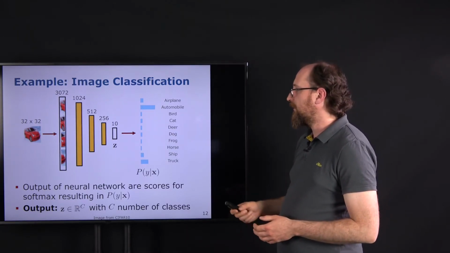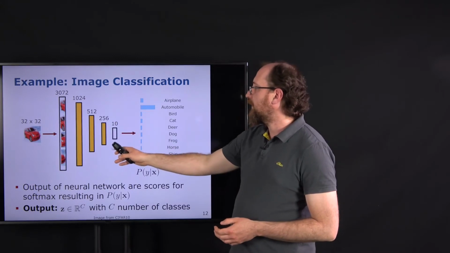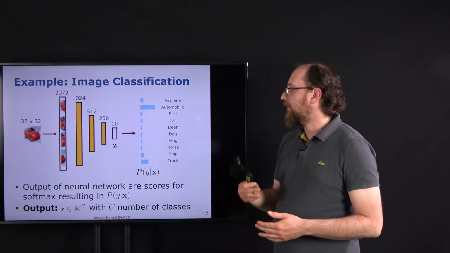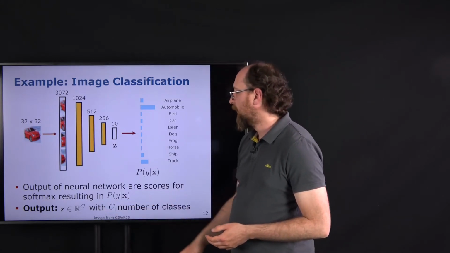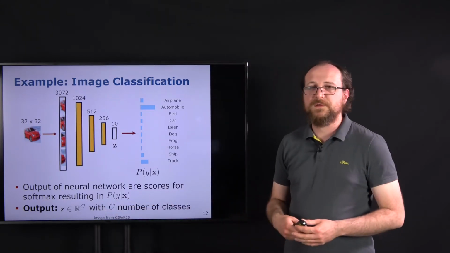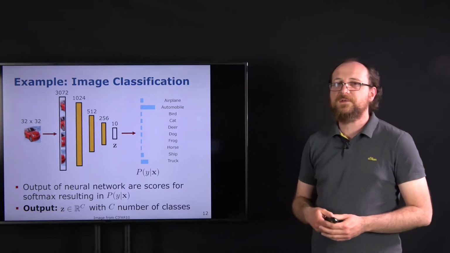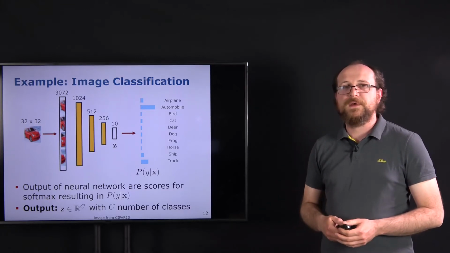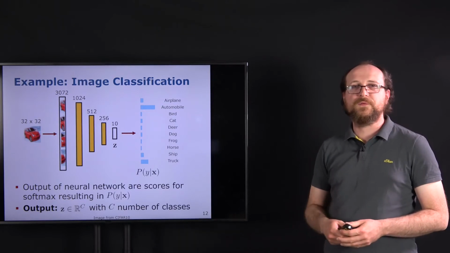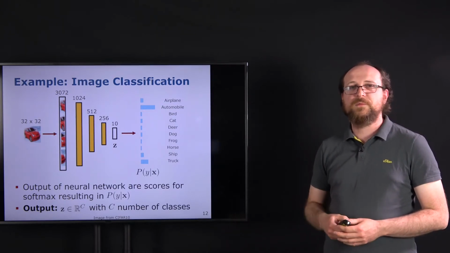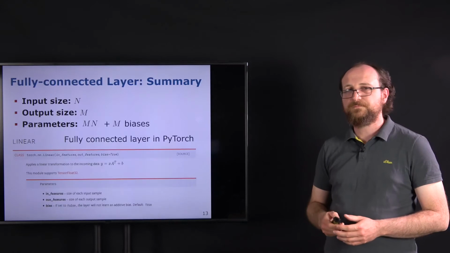So the output in the end is usually the dimension of the number of classes. So in the ImageNet case, we basically want to have 1000 values out, which we can then use with the softmax to get the probabilities for each class.